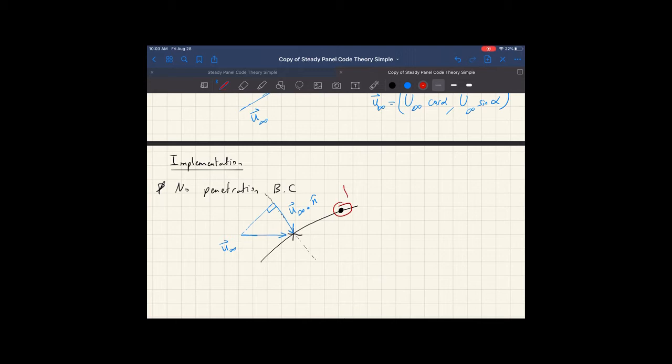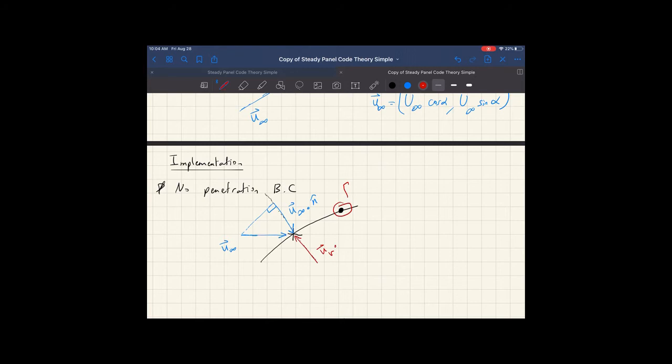We can set the gamma of the vortex such that the velocity induced by the vortex, right? I'm just going to name this velocity uv. So this is the velocity vector induced by the vortex on the collocation point.